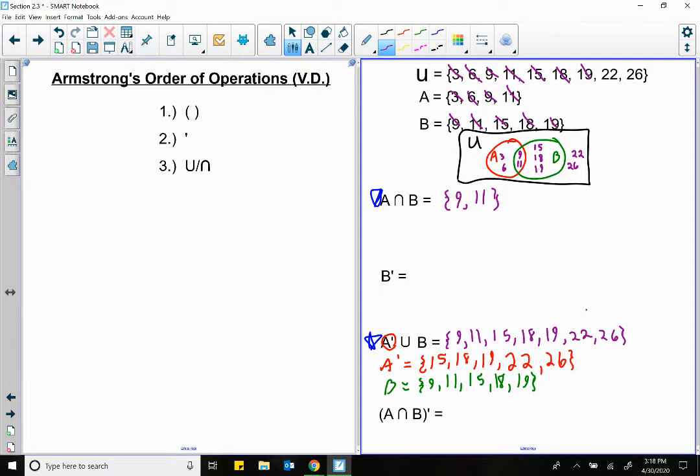This represents the answer right there in purple. So the set of 9, 11, 15, 18, 19, 22, 26. Because again, union means give me everybody in both of these. Okay? And that's it.